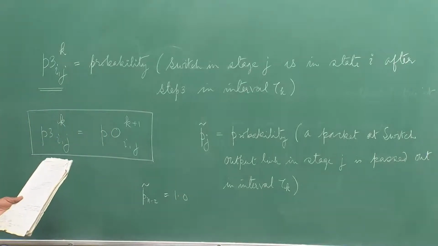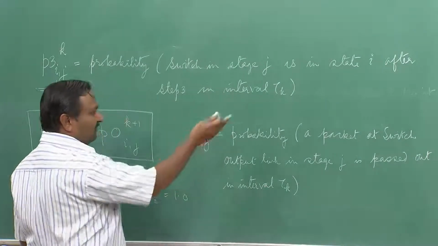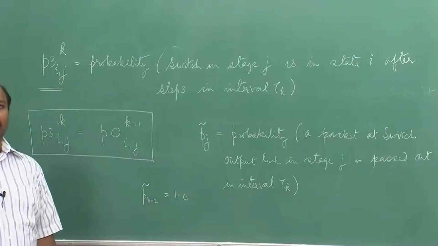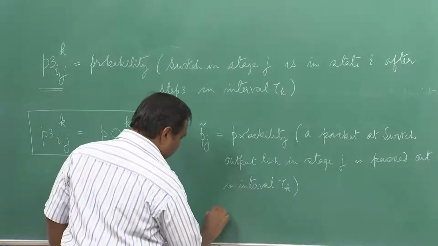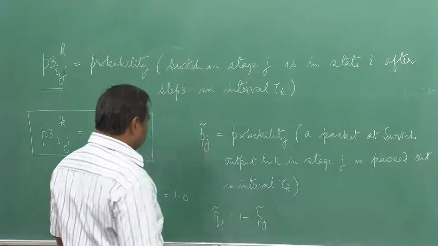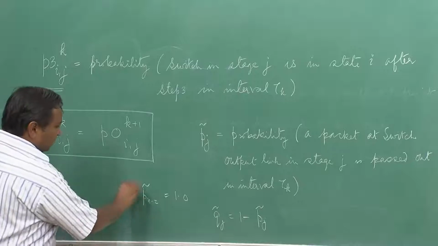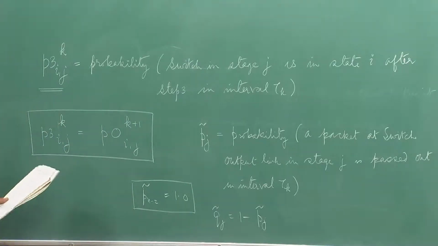And if there is a Pj that the packet will go out, there is also a probability that the packet will not go out, which has to be the complement. So I will define Qj tilde equal to 1 minus Pj tilde. So this is the boundary condition which we can use.